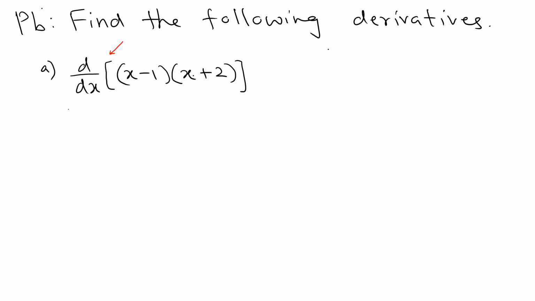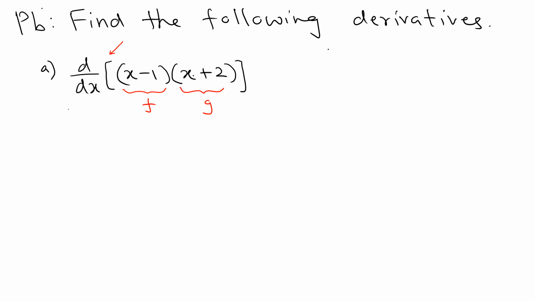Okay, if you use the product rule, it's very clear what the first function and the second function are. This is the first function, which we can say is f, and this is the second function, which we can say is g. Then we can write the product rule like this.